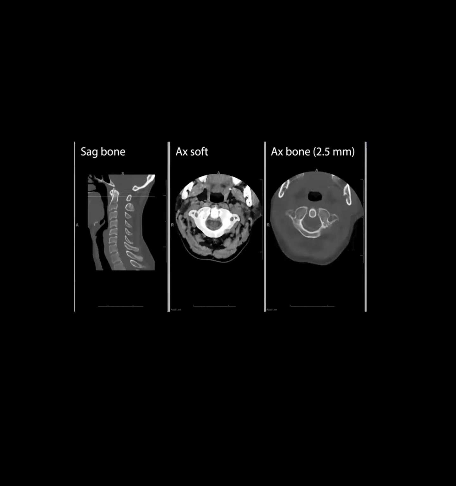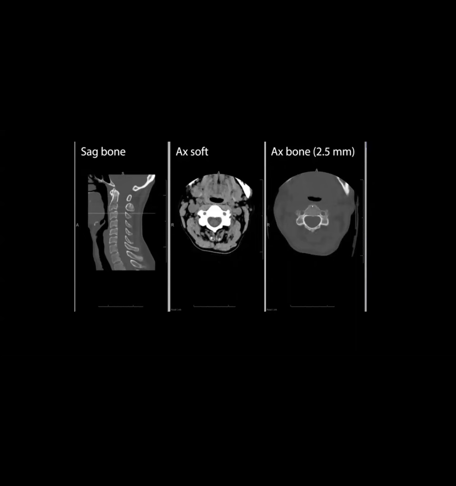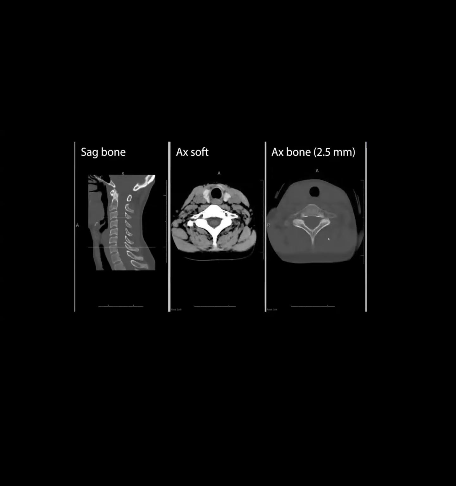Then the odontoid process, the body of C2 and the posterior arch, and the section through C3, body, transverse processes with the foramen transversarium, laminae, and its bifid spinous process. The last section is through C7, showing its body, its small foramen transversarium, the laminae, and its long prominent non-bifid spinous process.